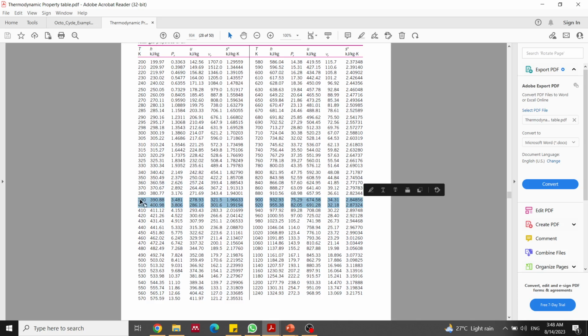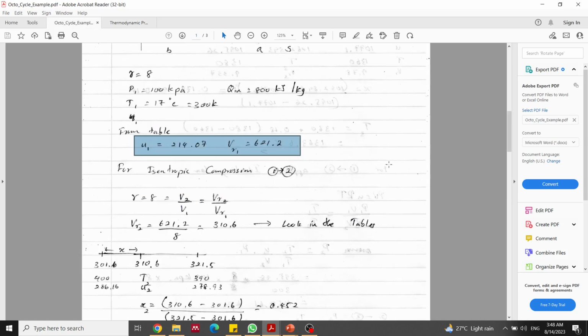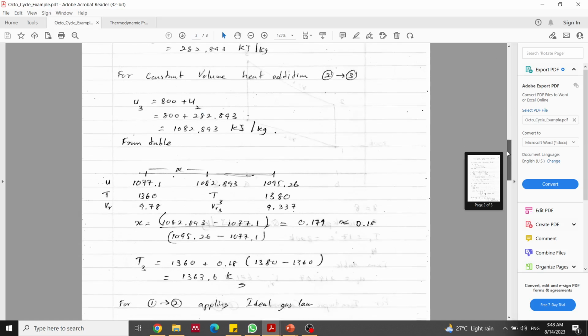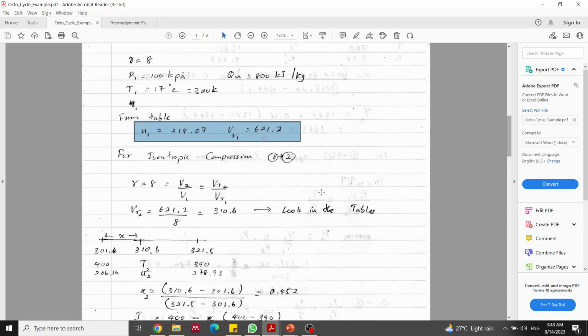So what we can do, we can linearly interpolate to find the value. So we can extract the temperature values and the internal energy values. Then we can find what is the corresponding value. That is what is done in here. So we know the left one is 301 and the upper limit is 321.5, and then we can find the temperature, and also we can find the internal energy.